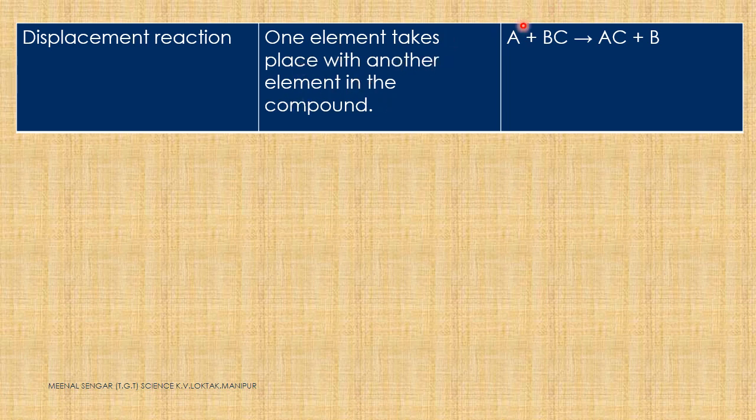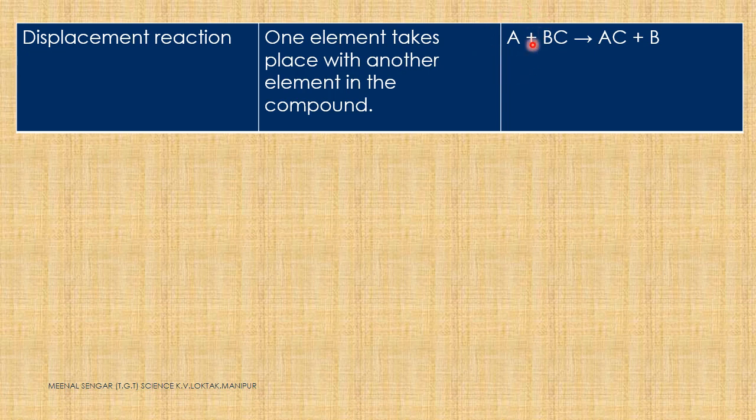In this general equation, the compound is BC and the element is A. That means A is an element and BC is a compound. Because A is more reactive than B, A replaces B and forms AC. It displaces the position of B and takes its place with C, and this is known as a displacement reaction.